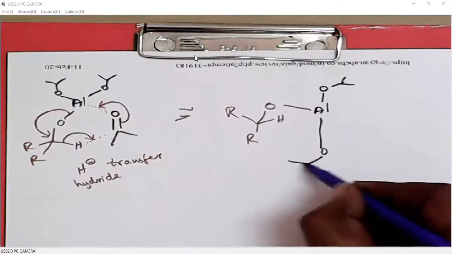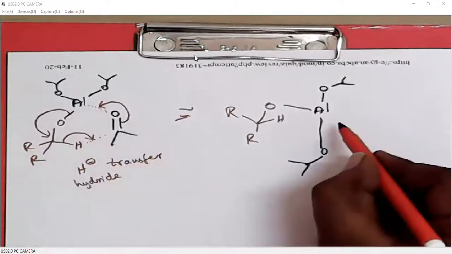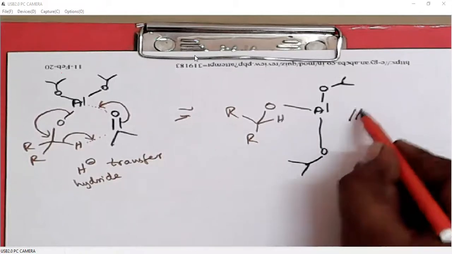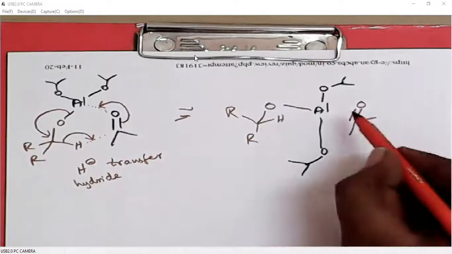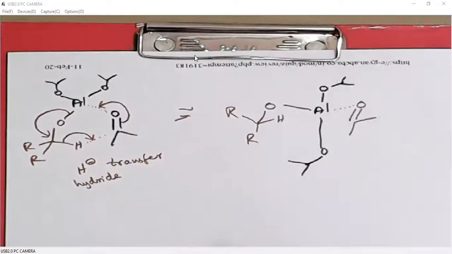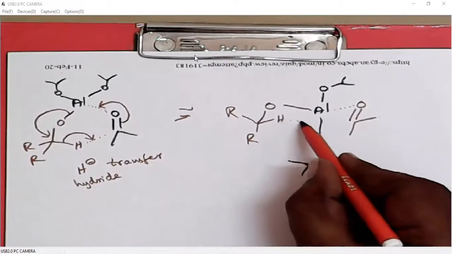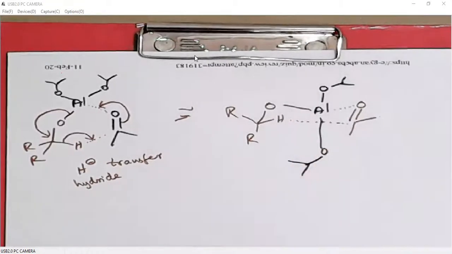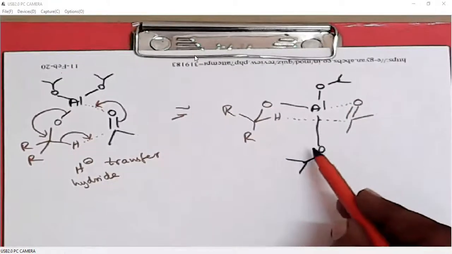I'm writing it with a little bit lengthy bond to avoid any confusion. So this is the reagent, then it will be acetone. There is an interaction between aluminum and oxygen, and an interaction between hydrogen and acetone. To avoid confusion, I have represented it with a lengthy bond.